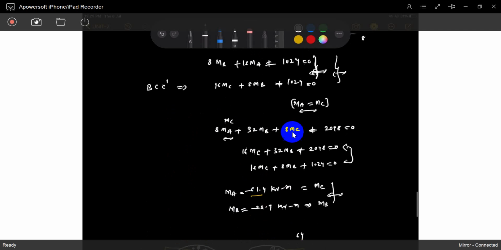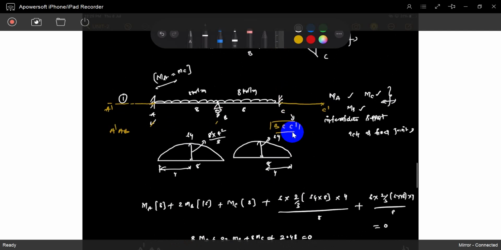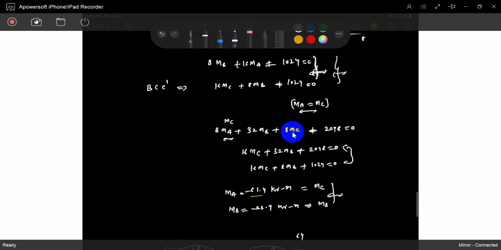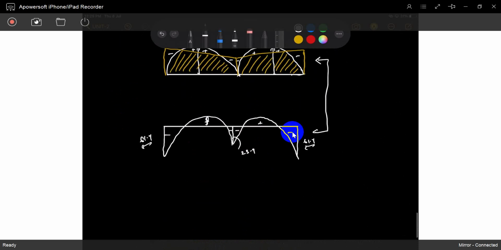Otherwise, if you take the shear force diagram also, most probably shear force at B is maximum. It will take a higher value. It will come like this, and like this, and like this.